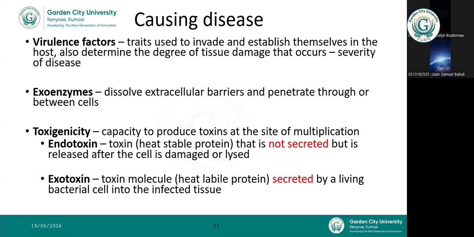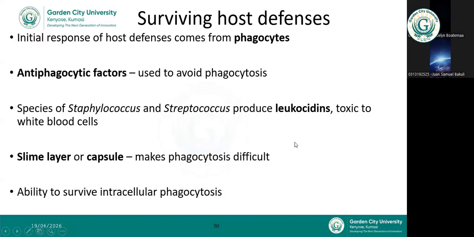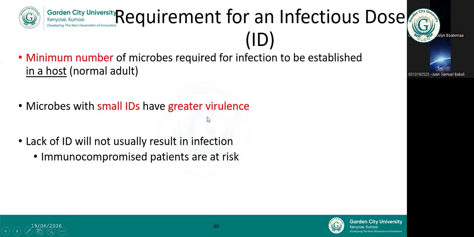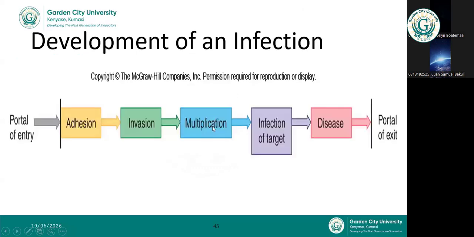Oh, okay. So this refers to when you say at the site of multiplication, take note, site of multiplication. When they are multiplying, it's because they want to get to a target within the host. So sometimes to get to the target, they need to produce some toxins.